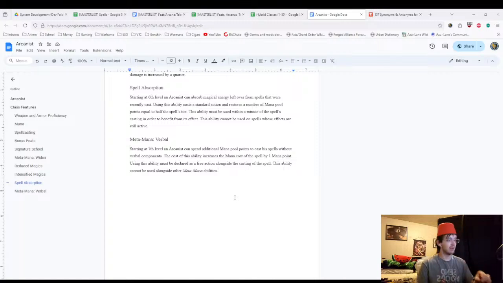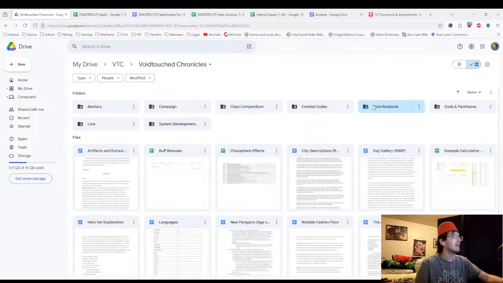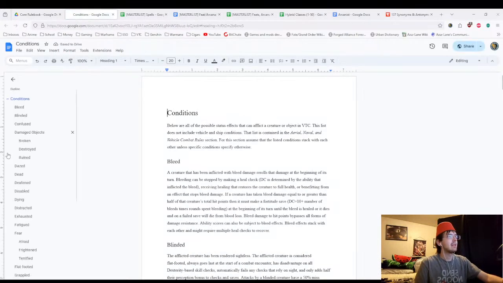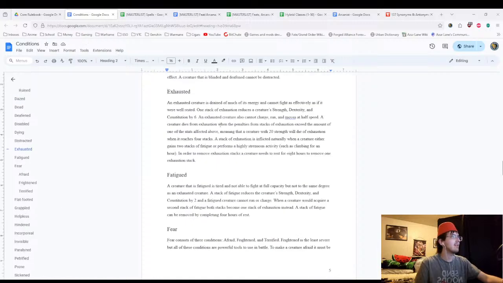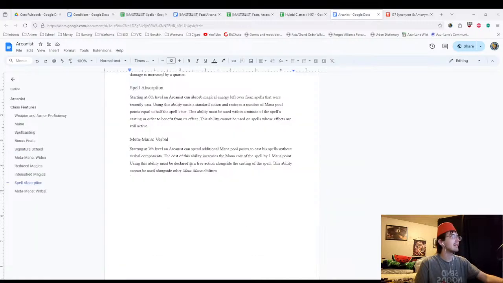And then we give them the thing that I think we should give them now. But first I need to check the conditions sheet for this. Here it is: exhaustion and fatigue. Fatigue. Yeah, let's do that.